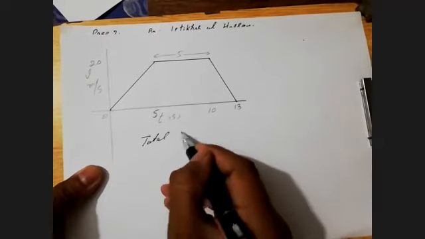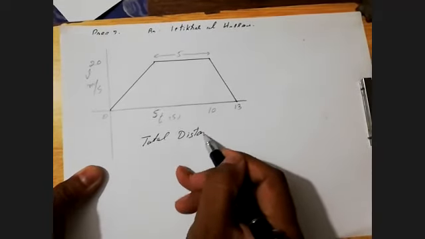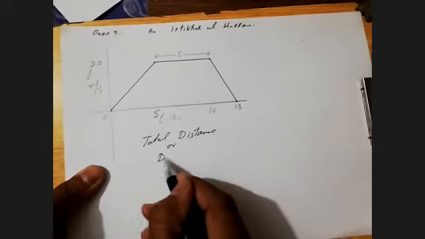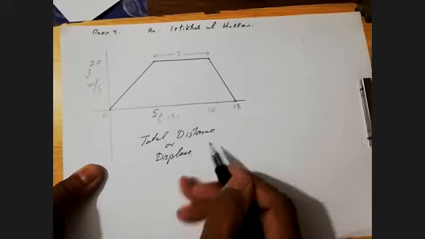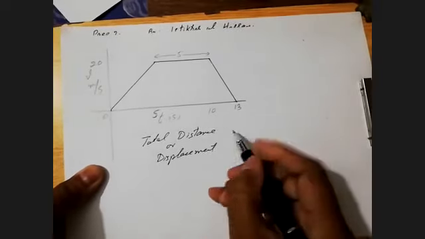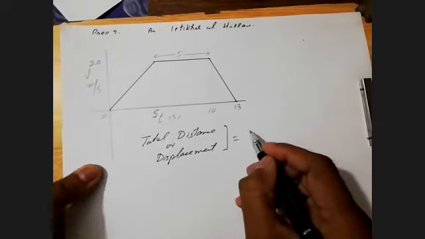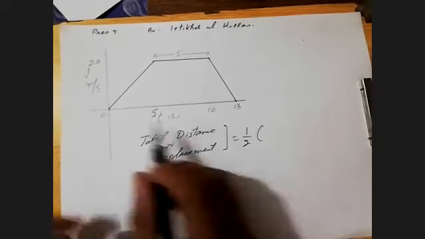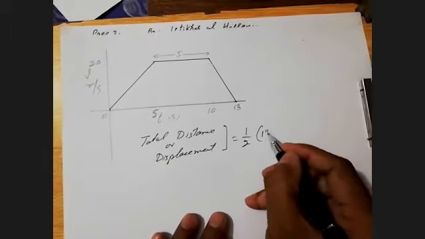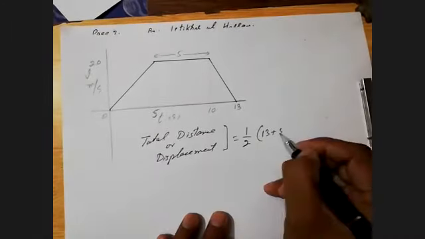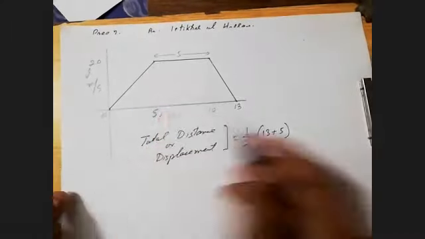Total distance or displacement is equal to half into the sum of parallel sides. This side is 13 and the other side is 5, into the height. The height is 20.